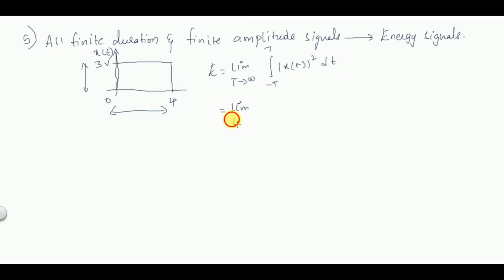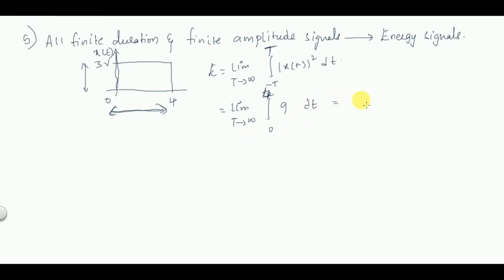So it becomes 0 to t, and 0 to t is now changed to 0 to 4, because the signal is defined only in this limit. So the maximum value of t will also be equal to 4. So limit 0 to 4, x of t whole square is 9 dt.